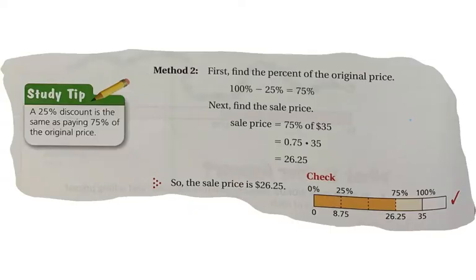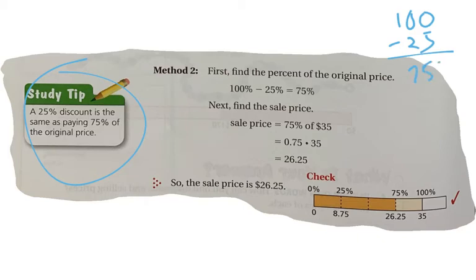Another method that is shown here is you find the percent of the original price that you're paying. For example, if it's on sale for 25% off, percents are always out of 100, right? So I take my 100%, and subtract the 25% that gets taken off.